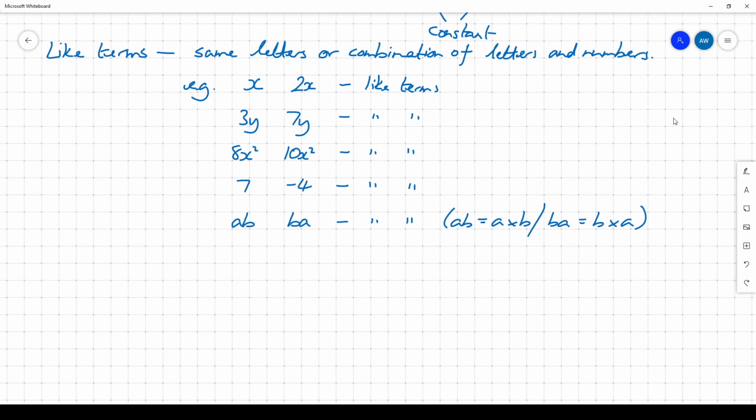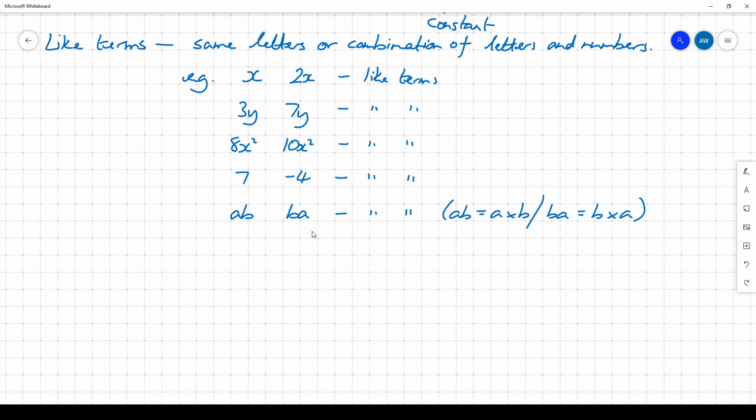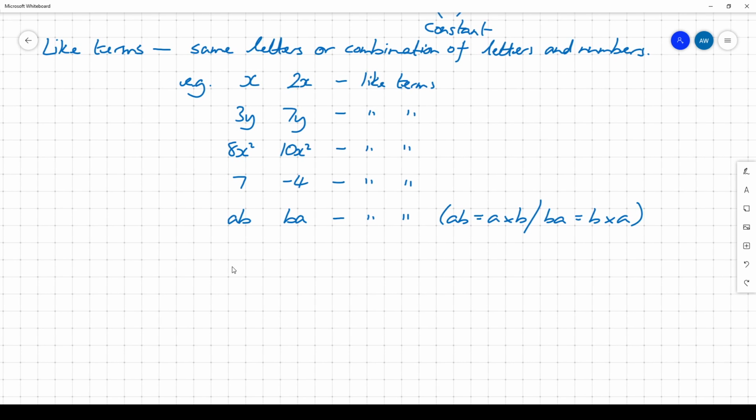Okay, I'm just going to move this up. What about some examples that are not like terms? There's a good example here. These are not like terms. So x and x squared, not like terms.